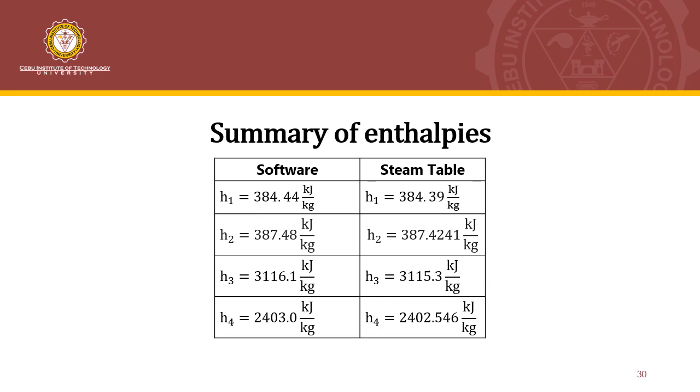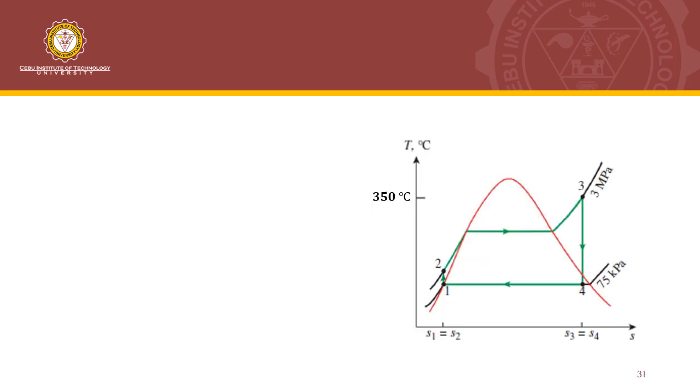In our example, we will use the results in the steam table, but you can also use the results in the software. So we can proceed now to the computation of the other unknown quantities. First is the heat input in the boiler. So we need to get the heat input in the boiler.